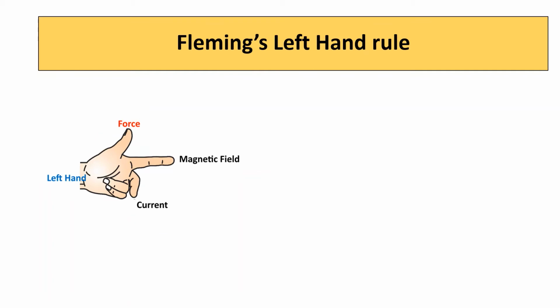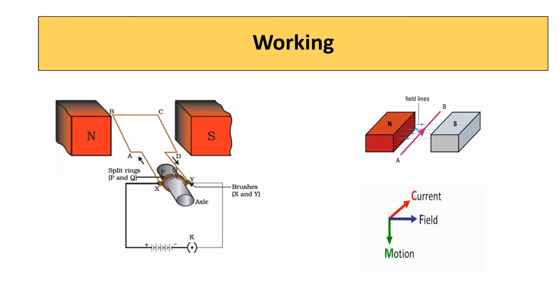With this Fleming's left hand rule in our mind, we can learn the working of motor. Now let us learn the working of a DC motor. We are familiar with the parts of a motor. This is the strong magnet which provides the magnetic field. The armature coil is placed in the magnetic field.